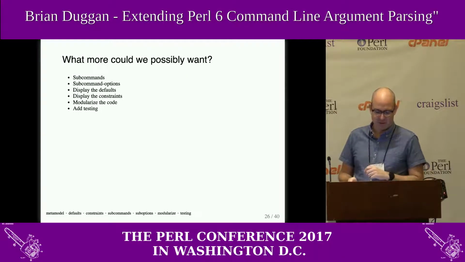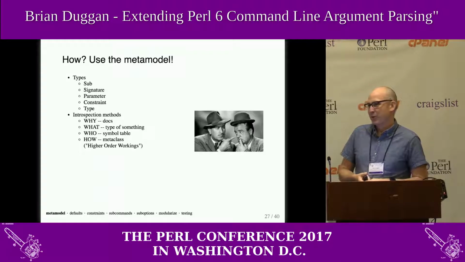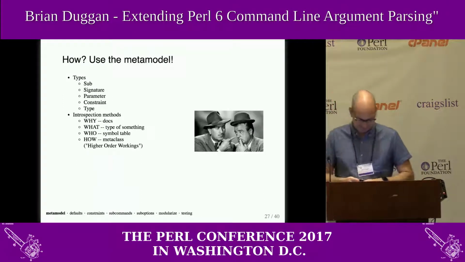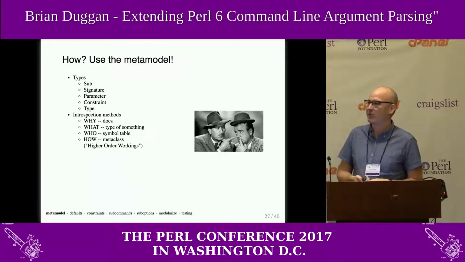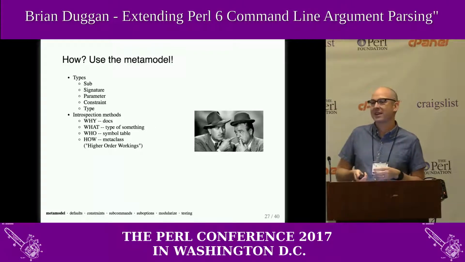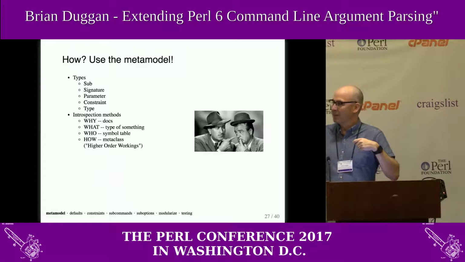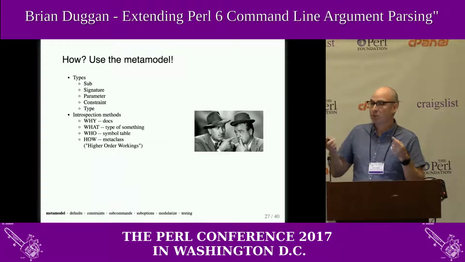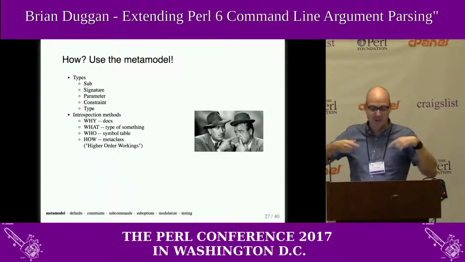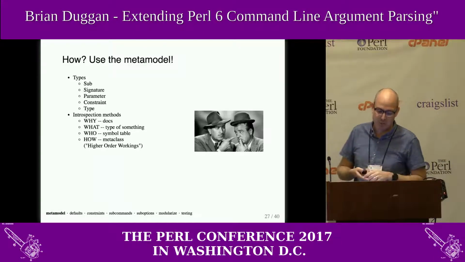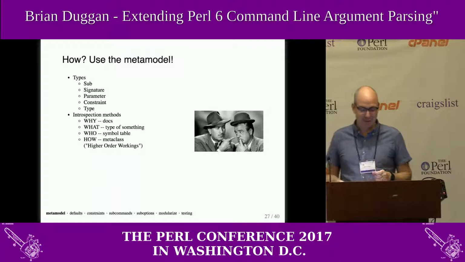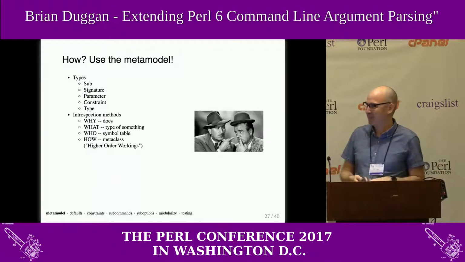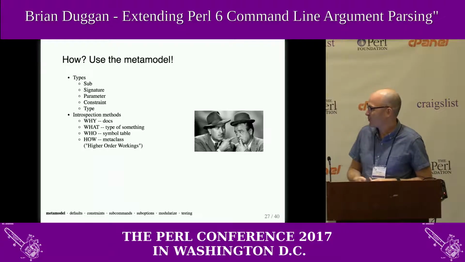Okay, so the way we're going to do this is with the Perl 6 meta model. We're going to be exploring essentially the way that the built-in dispatcher and the built-in usage function works by introspecting the different types, the subs, the signatures, the parameters, the constraints, the types, and the introspection methods, which always remind me of a who's on first routine.